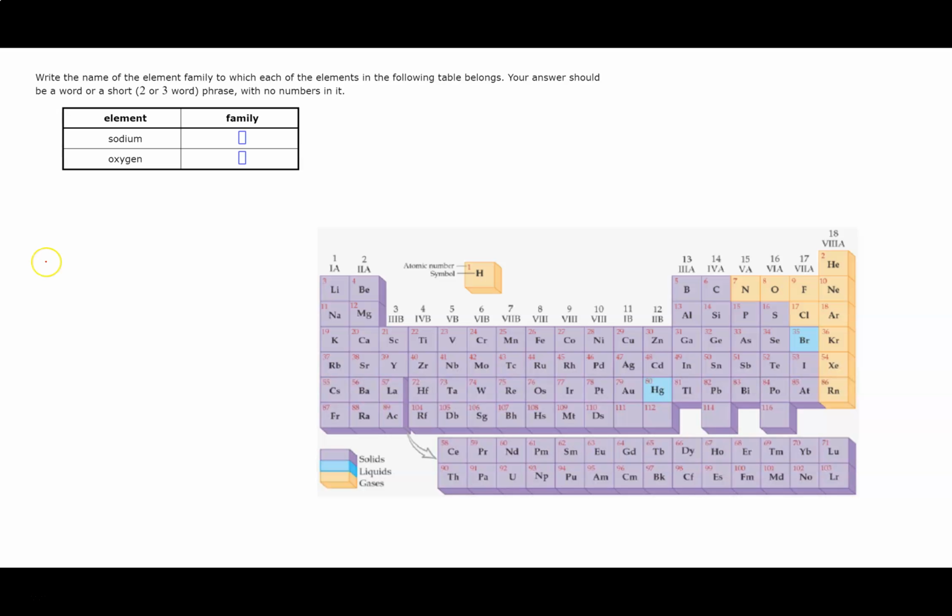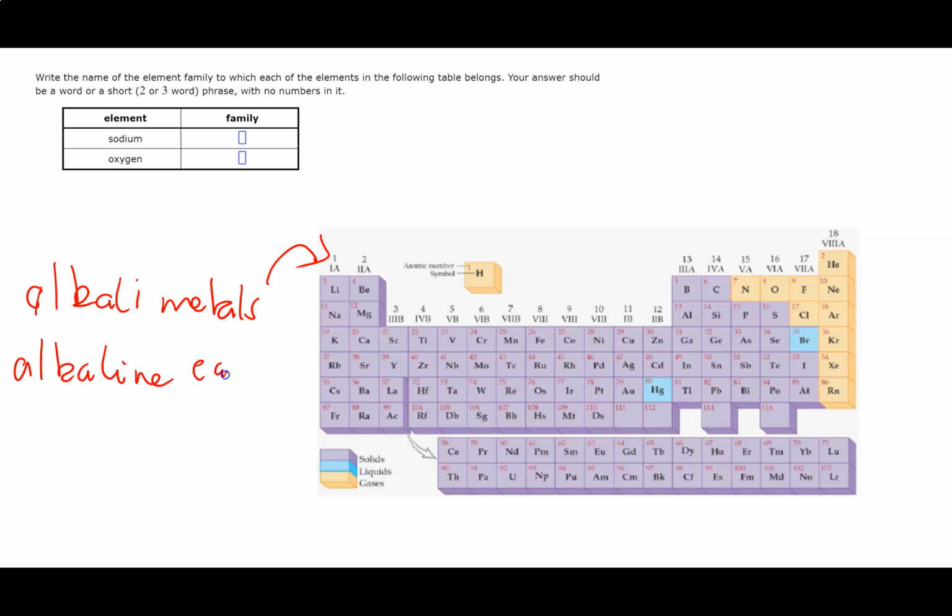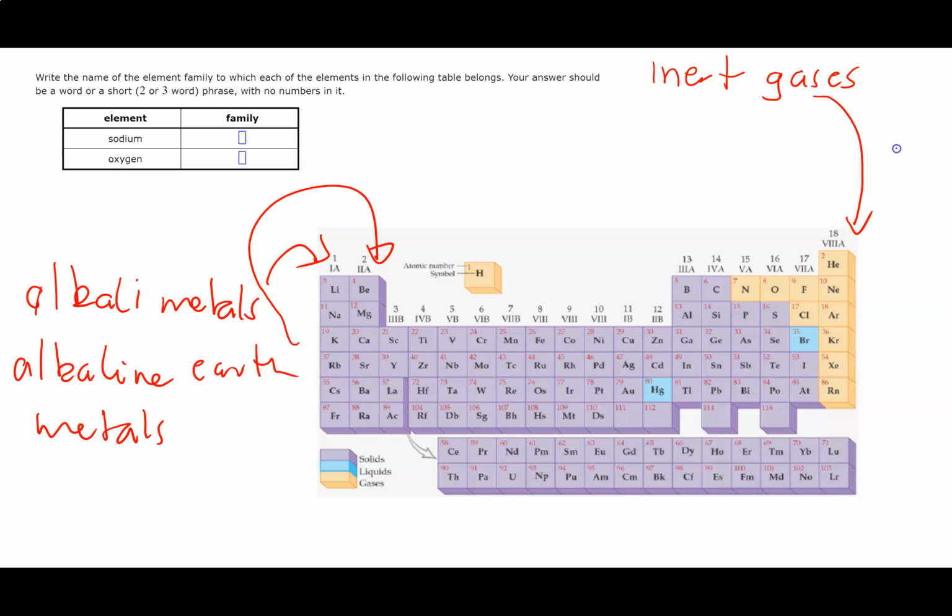So what this is really all about is deciding whether it belongs to the alkali metals, which is group 1A, the alkaline earth metals, which hopefully we can draw an arrow around here, is group 2A, or alternatively it could belong to the inert or noble gases, group 8A. It could belong to the halogens, group 7A.